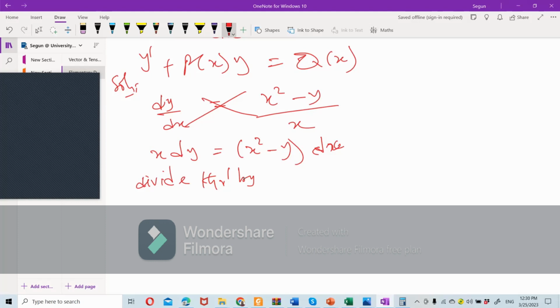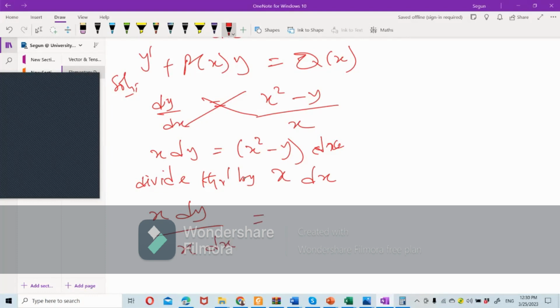Let's look at it. Is x dx okay for division of this? So when you divide through by x dx, what do we have? We have x dy over x dx equals to x squared minus y dx over x dx. So this goes with this, goes with this.